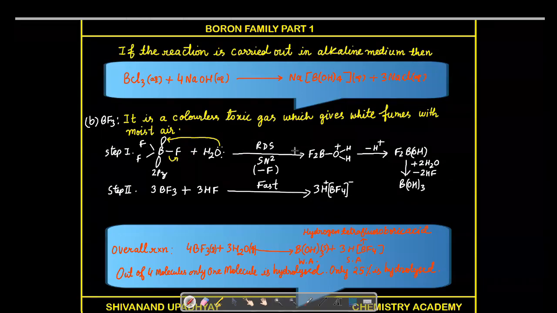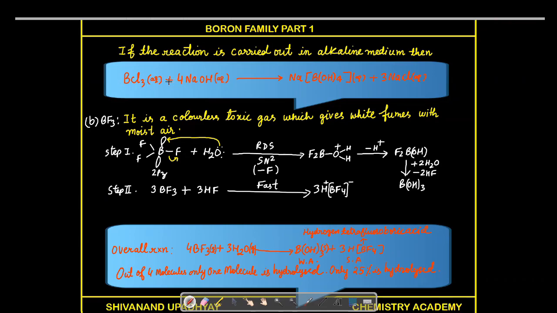Before discussing BF3, consider if the reaction is carried out in alkaline medium. BCl3 was a gas and it was reacting with water vapor. Now if BCl3 is dissolved and then reacted with NaOH in aqueous state, what will happen?